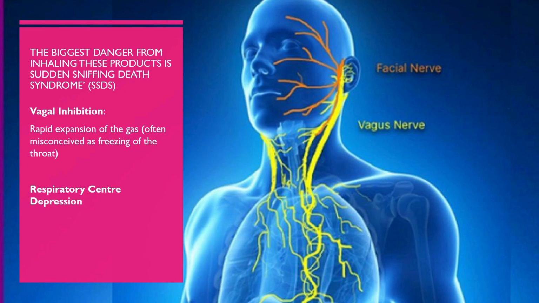When that stream hits the back of the throat, it makes the larynx spasm. That spasm makes the vagal nerve think that everything is beating too fast. The vagal is a control system. It helps the brain to control the heartbeat and helps you to keep your blood pressure low.